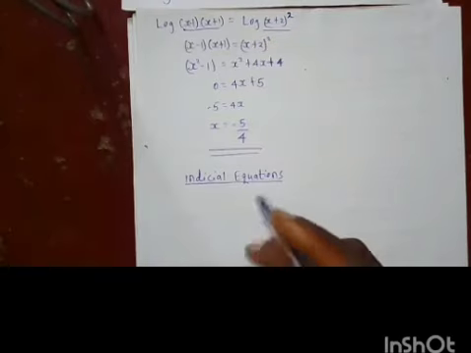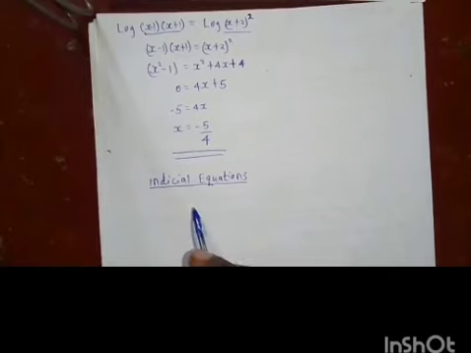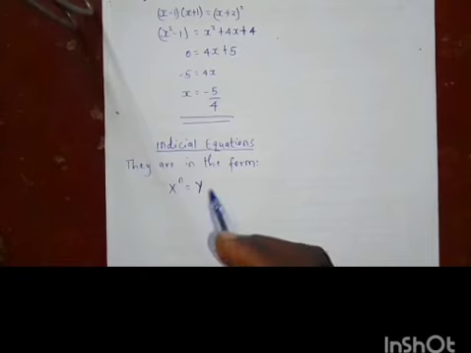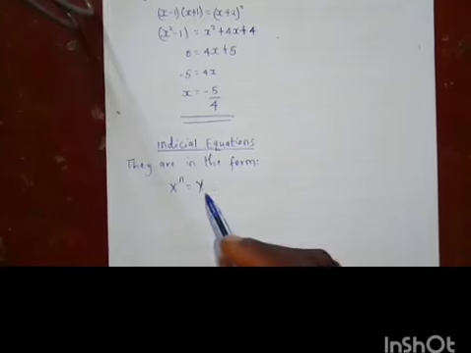We now want to look at index equations. As we had looked earlier, they are in the form x to the power of n equals y. So we use the laws of logarithms to solve such equations.